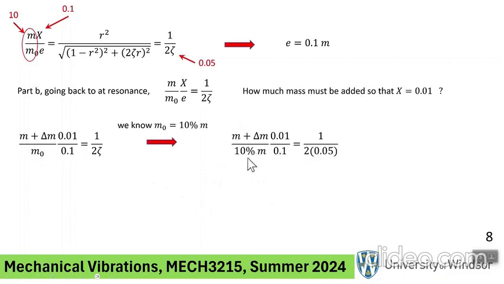There's your 0.1 M that I said. Plug it in and find the value of delta M in terms of M. It's going to be 9M.